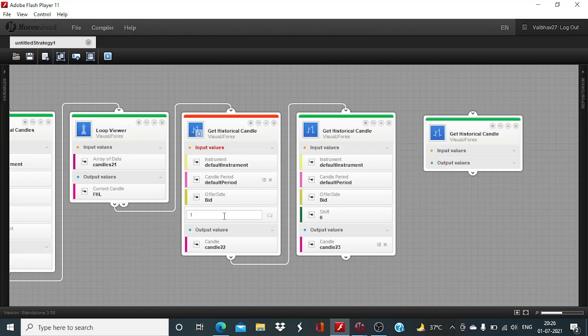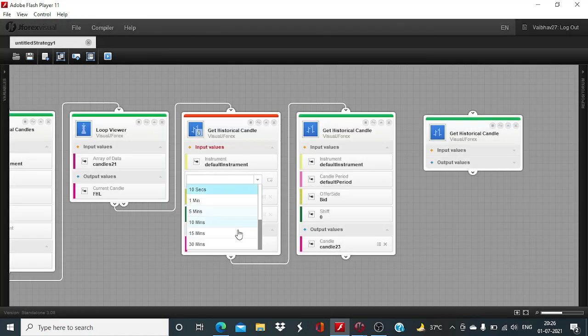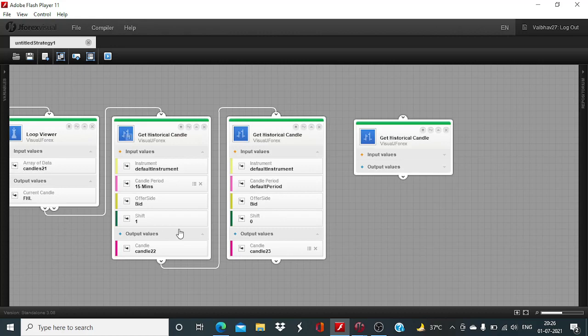Shift is going to be 1. Candle period of 15 minutes. This one is going to be 10 seconds.